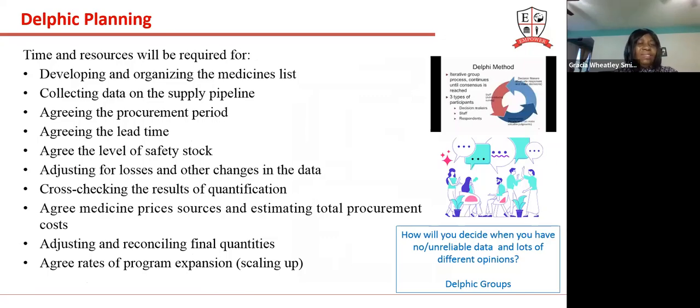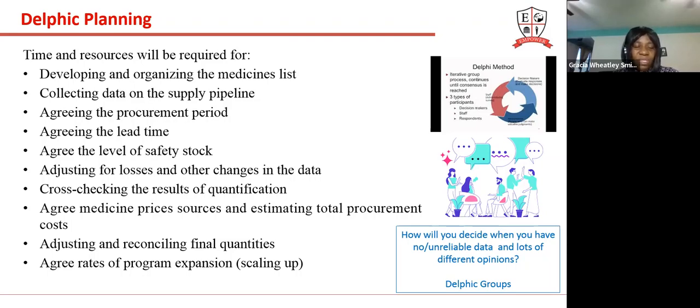So how can we do that? Time and resources will be required for developing and organizing the medicines list, collecting data on the supply pipeline, agreeing the procurement period, agreeing the lead time, agreeing the level of safety stock, which is quite important, adjusting for losses and other changes in the data, cross-checking the results of quantification, agreeing on medicine price sources and estimating total procurement costs, adjusting and reconciling the final quantities.